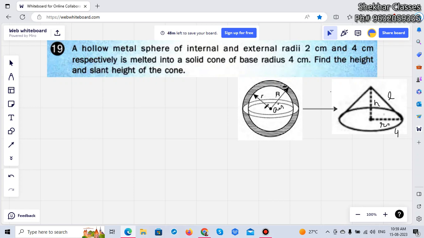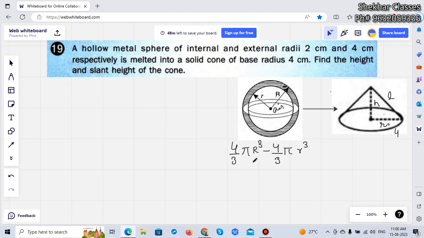So what is the formula for volume of this metal? It will be 4 upon 3 pi capital R cube minus 4 upon 3 pi small r cube. The first is metal and air both, and the second, with small r cubed, will give you the volume of air.